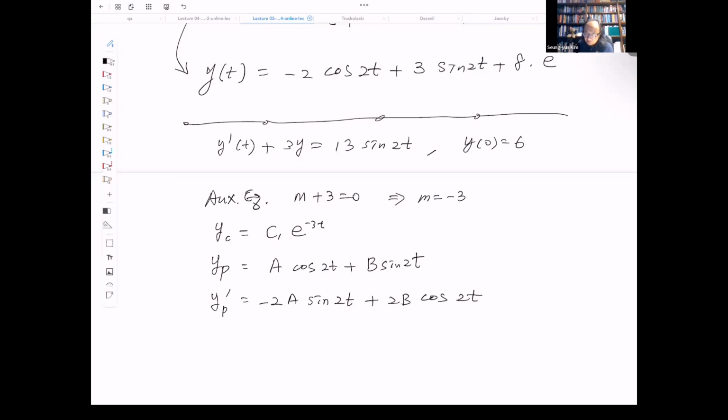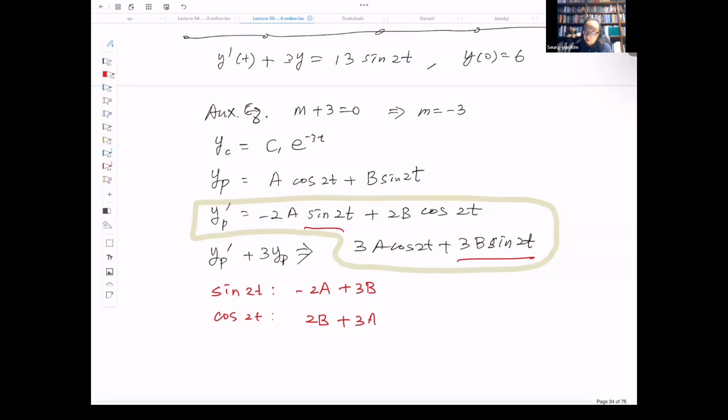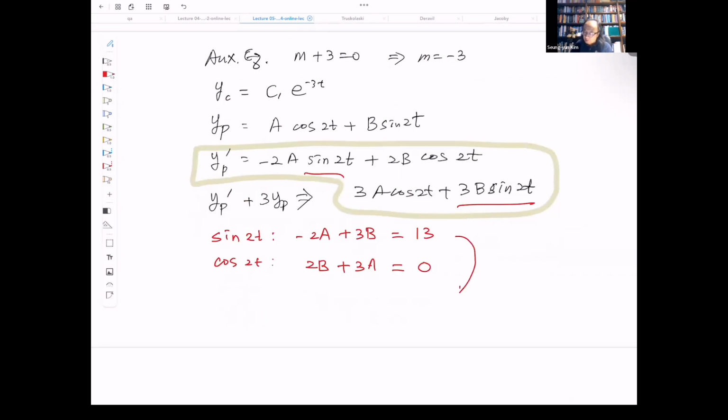And on the left-hand side, y_p prime plus 3 y_p, this plus 3 times a cosine 2t plus b sine 2t. Collecting sine 2t terms and cosine 2t terms, sine 2t has negative 2a plus 3b, and cosine 2t has 2b plus 3a. The sine 2t coefficient should be 13, and the cosine 2t coefficient should be 0.